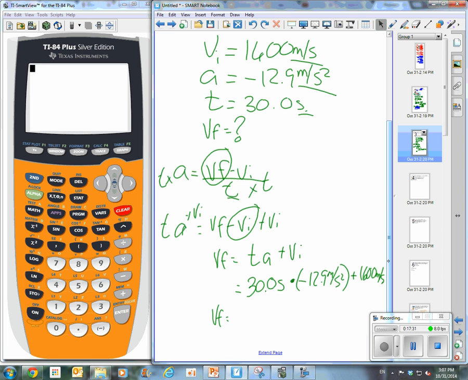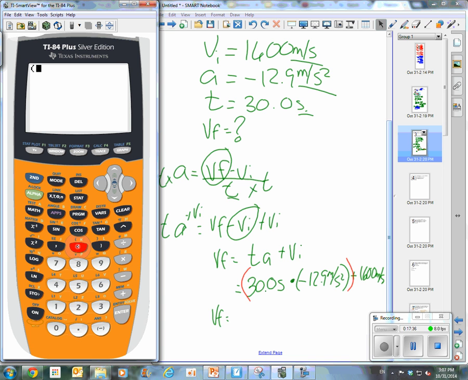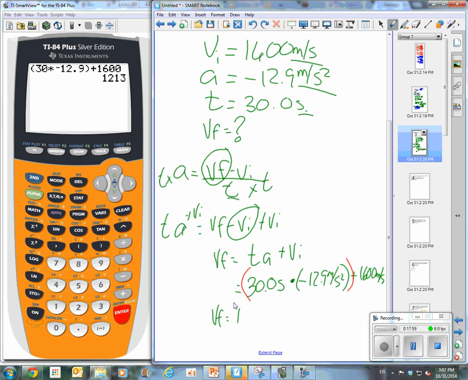I'm going to need to put some brackets around this area just to make sure that the multiplication happens first. So 30 times negative 12.9 in brackets, plus 1600. Enter. Okay, so 1,213 meters per second.